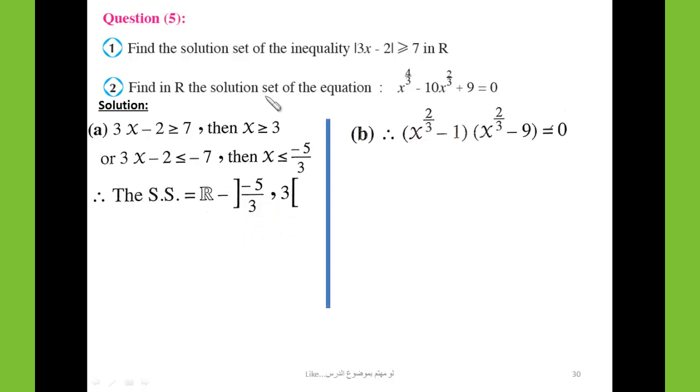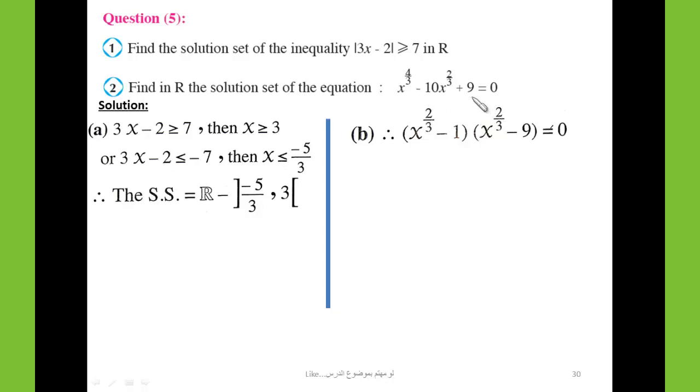With respect to 2, we have x power 4 over 3 minus 10 x power 2 over 3 plus 9 equals 0. And we factorize this equation as x power 2 over 3 multiplied by x power 2 over 3, which equals x power 4 over 3, same denominator here.